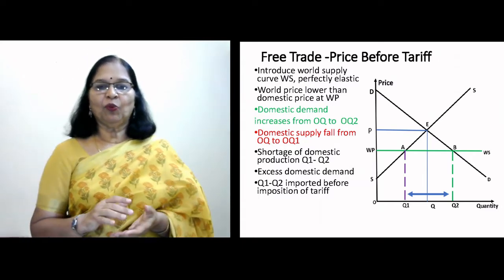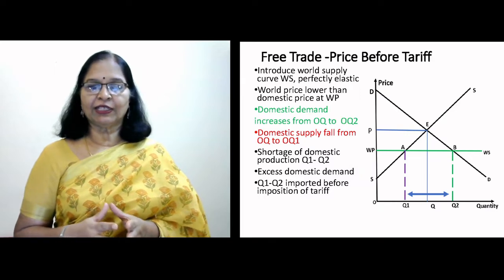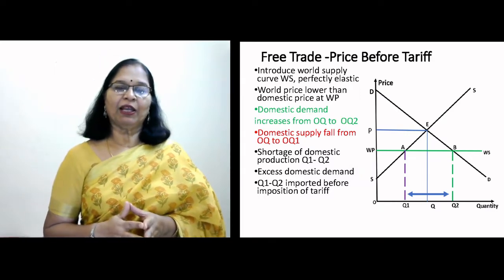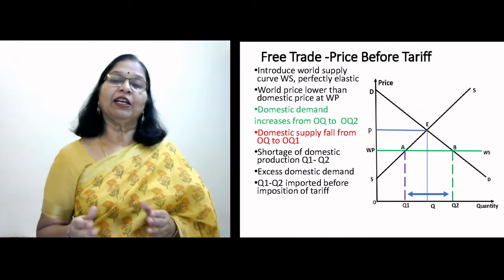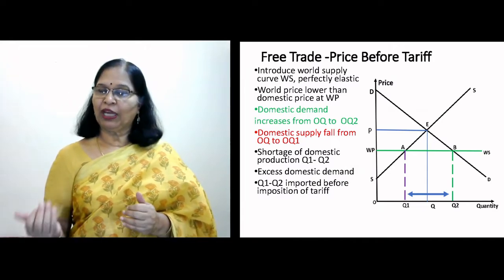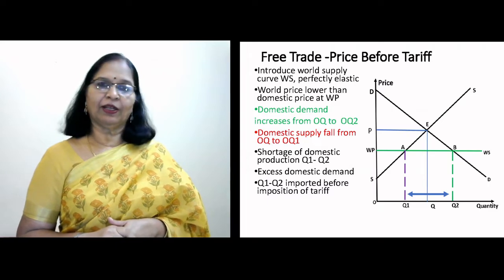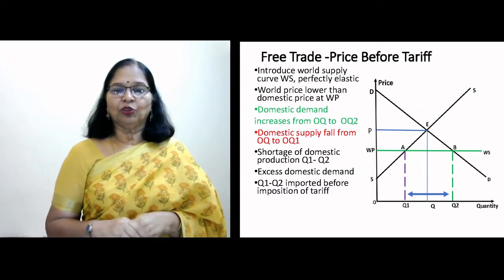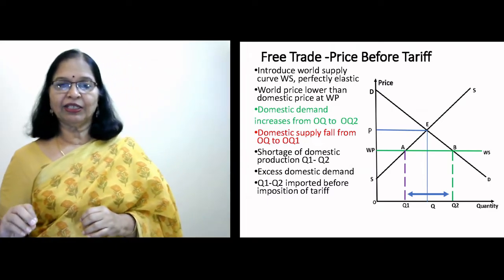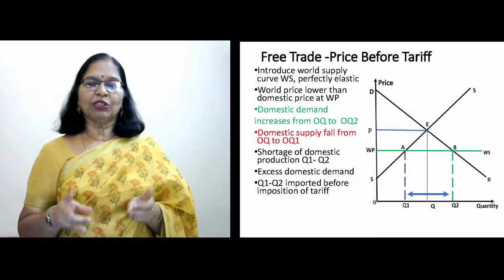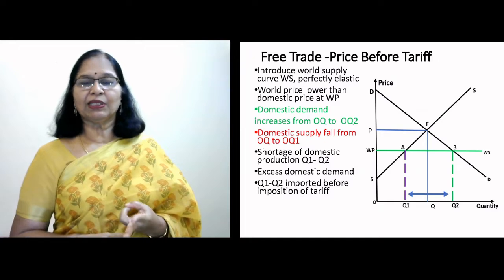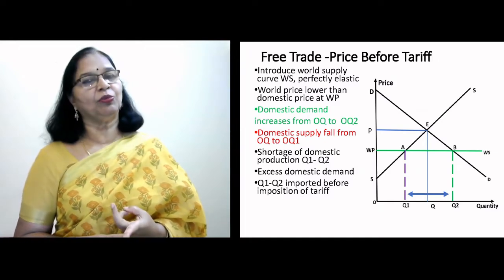So the world supply curve is a perfectly elastic supply curve. WPWS is a perfectly elastic supply curve. That means any amount can be sold at that price in this country. So with this supply price, the green supply line that has come in, we can see two responses. One is from the producer side and the other is from the consumer side.